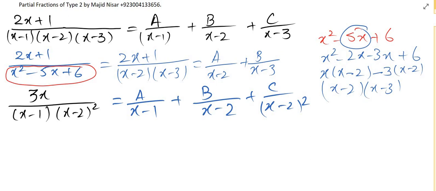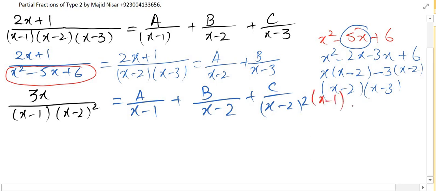So when we multiply the whole equation by x minus 1 and x minus 2 whole square, what will happen? X minus 1 and x minus 2 square will cancel on the left side, so the remaining term is just 3x. Now x minus 1 will cancel x minus 1, so we will have a into x minus 2 square.